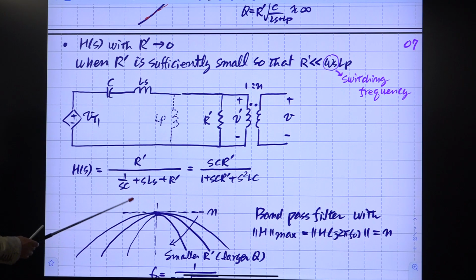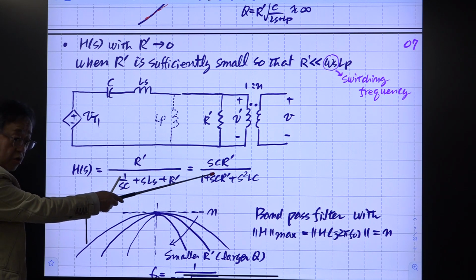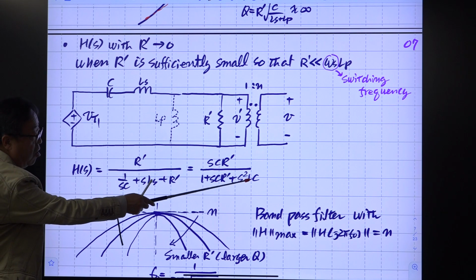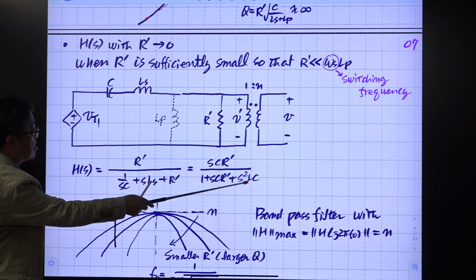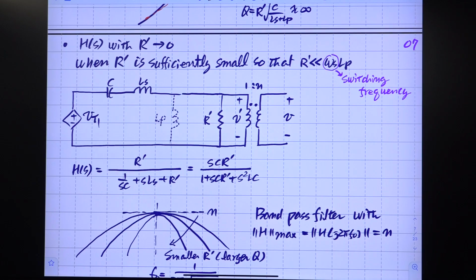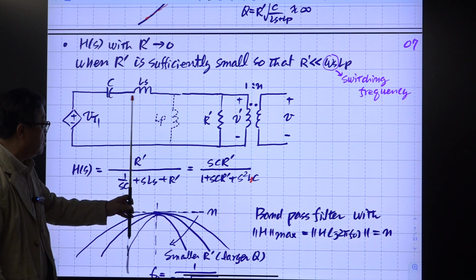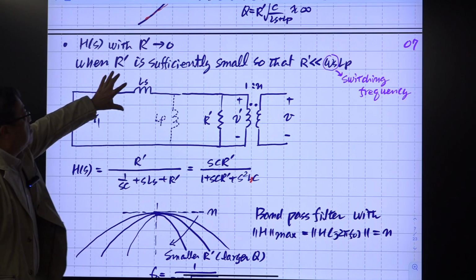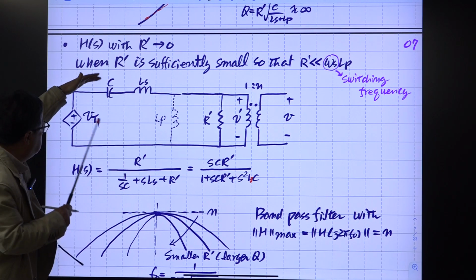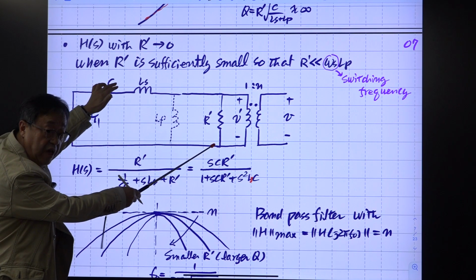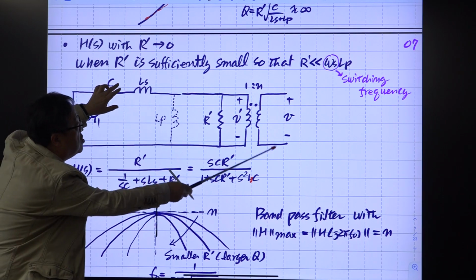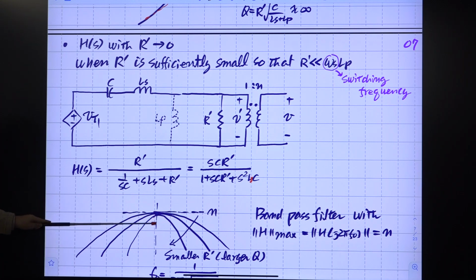Initially we have differentiation, and at the resonant frequency of this one, this should be Ls, not L, Ls. This is the resonant frequency. Resonance between this one. If resonance occurs, the reactance becomes 0, so this voltage and this voltage should be the same, and the gain from here to there is just n. So this value is n.